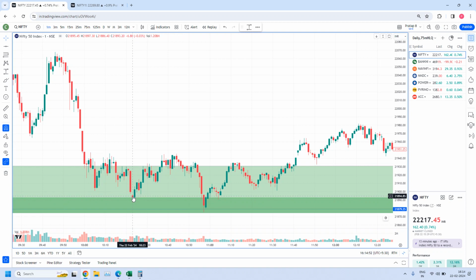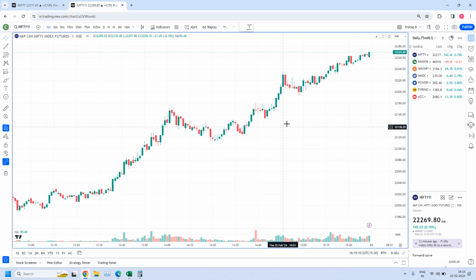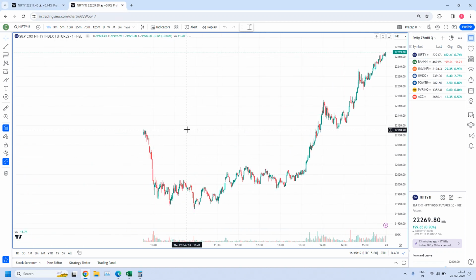Because seconds data is not available, otherwise we would have got a more accurate value. But let us take some rounded value here. It doesn't change our statistics and calculations much. We get a near value. So at the 10:23 candle, let us go to the 10:23 candle in the futures chart.